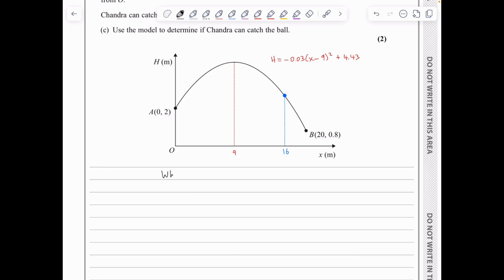So let me write down, when x is 16, we've got capital H being negative 0.03 times (16 minus 9) squared plus the 4.43. This gives an answer of 2.96, which is greater than 2.5. And therefore we conclude that Chandra cannot catch the ball.